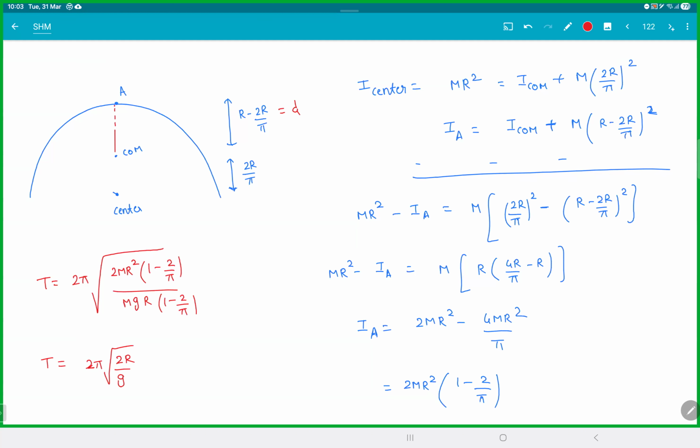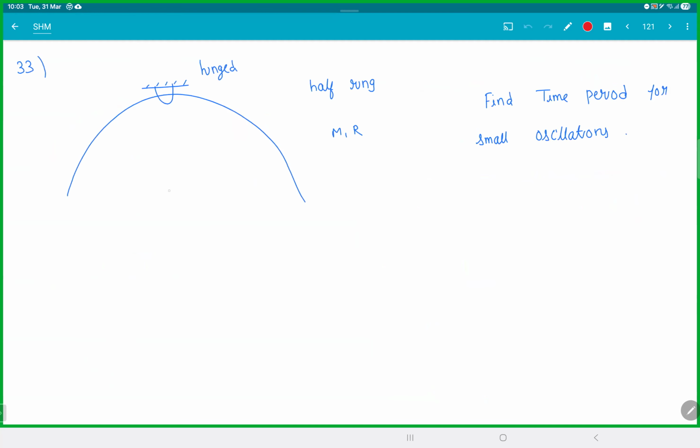Clear this? Now what some people will do, they do this. They think this is center of mass. Okay, and see what happens, interesting. If you take that as center of mass, then I about hinge will be mR² plus mR², so I about hinge will be 2mR². So the time period will be 2π root over 2mR² by mgR.